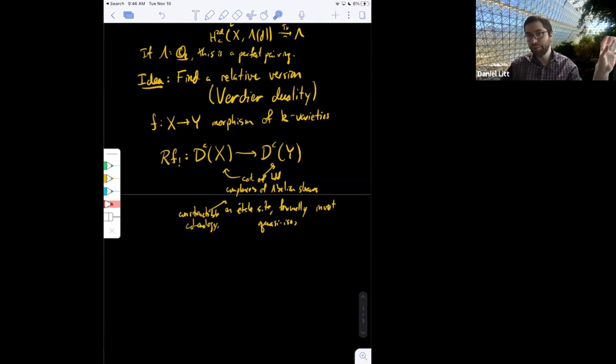Those are not always equivalent, but in good cases, like for varieties over a field, they are equivalent. But in general situations, the safe thing to do is always to take a category of complexes in a very floppy situation, like all abelian sheaves, and just put restrictions on their cohomology. Okay. Thanks. Are there any other questions about this?